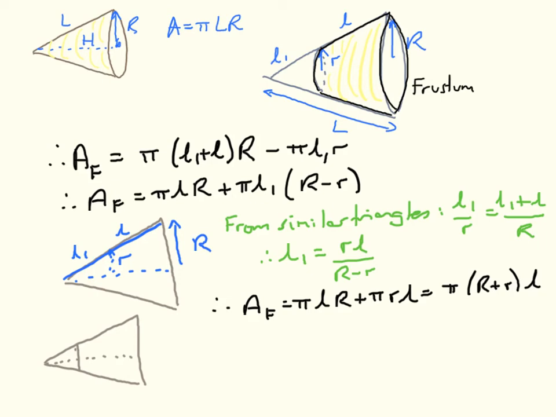And I would like now to say that the height of the frustum, in other words the difference from the top slice to the bottom slice, is going to be h, little h. This distance here is little r. This distance here is capital R.